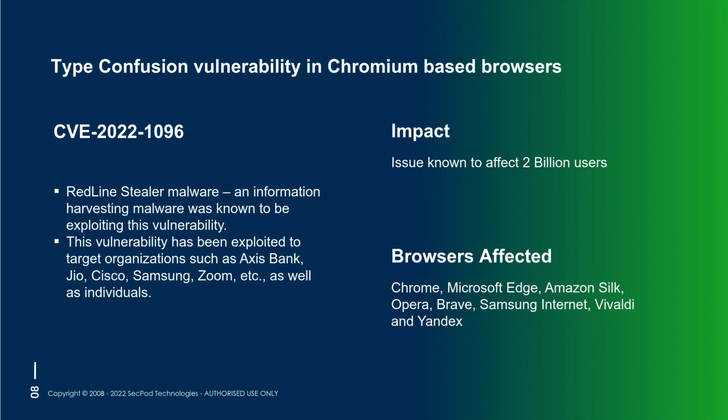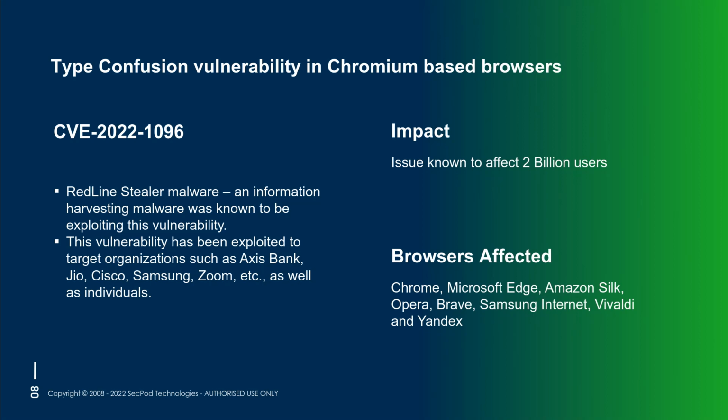And when you look at the impact, around 2 billion users are known to be impacted. Why? Because all of us use browsers, and all the Chromium browsers were known to be affected. So like Chrome, Microsoft Edge, Amazon Silk, Opera, Brave, Samsung Internet, Vivaldi, and Yandex. All these were known to be affected.